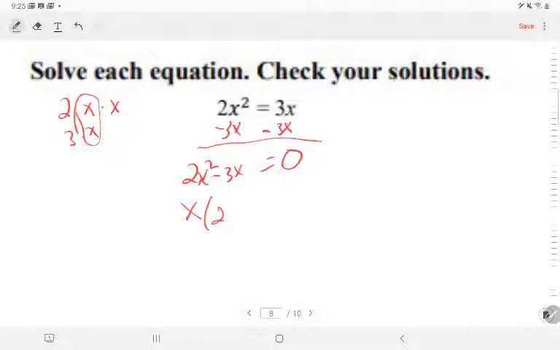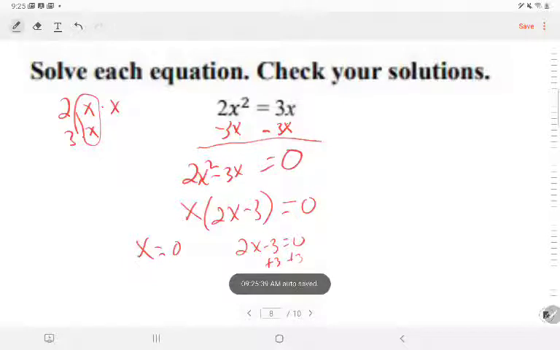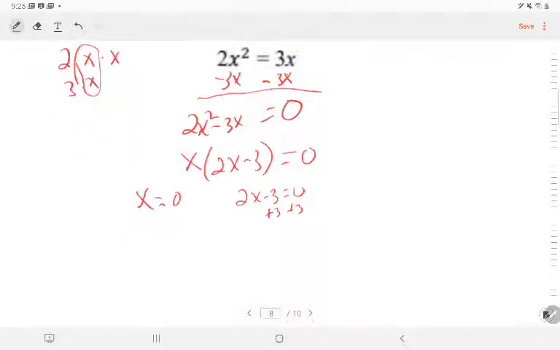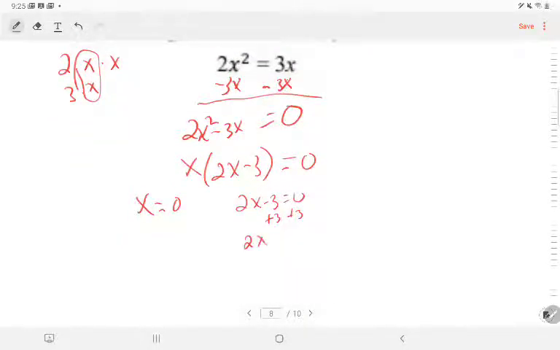And that would leave me with 2x minus 3 equals 0. Okay? Then we could set x equal to 0, and we could set 2x minus 3 equal to 0. Add 3 to both sides, and that's going to give me 2x equals 3. Divide both sides by 2, and x equals 3/2.